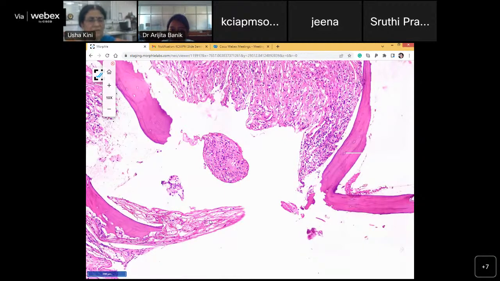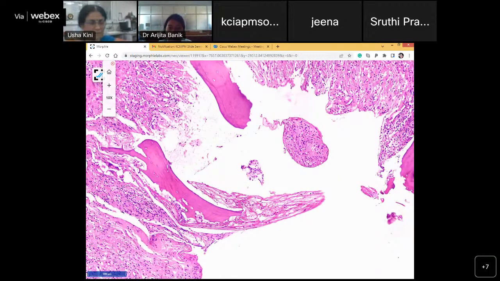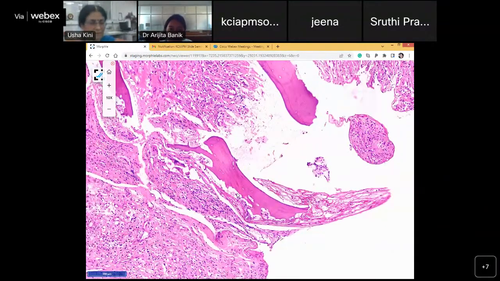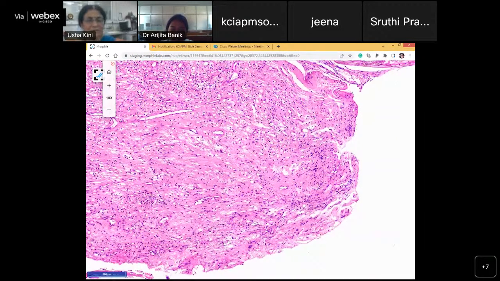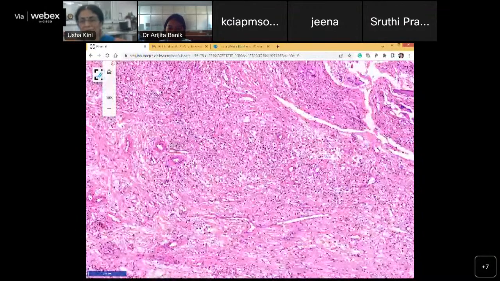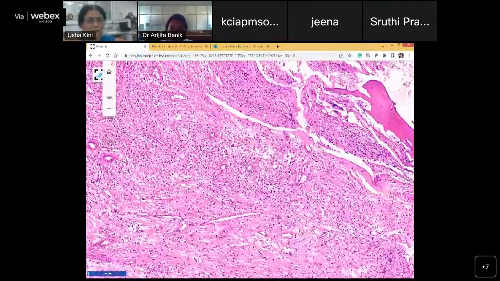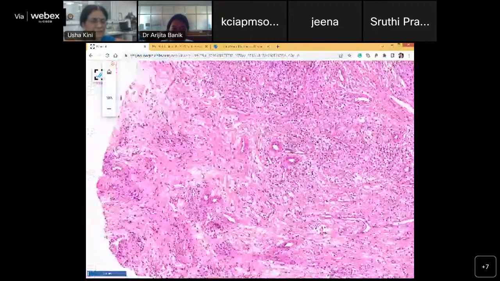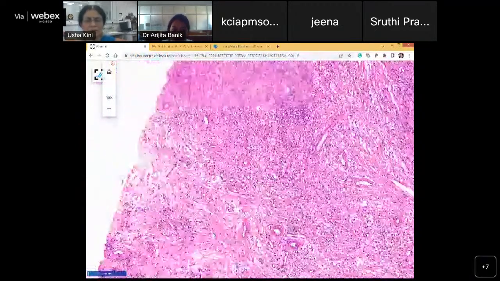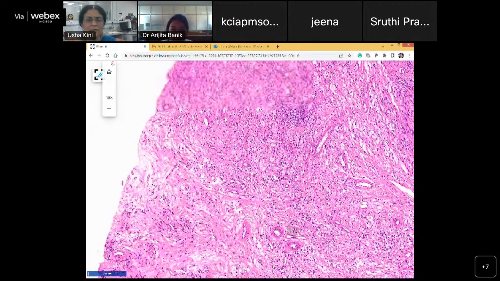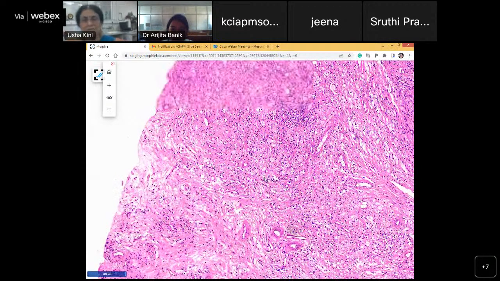Here you see there's a lot of, what are these? I can see the blood vessels, right? They seem to be part of granulation tissue, lots of blood vessels with a lot of inflammation, and there must be giant cells. In the midst of these, you have multinucleate giant cells.